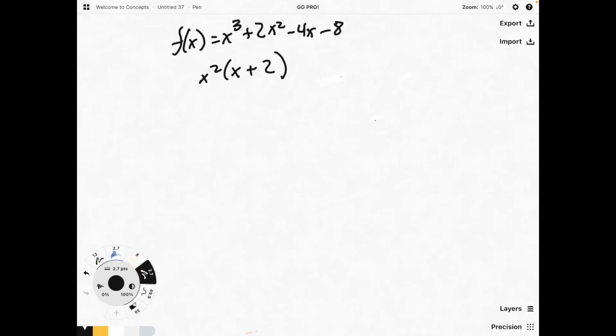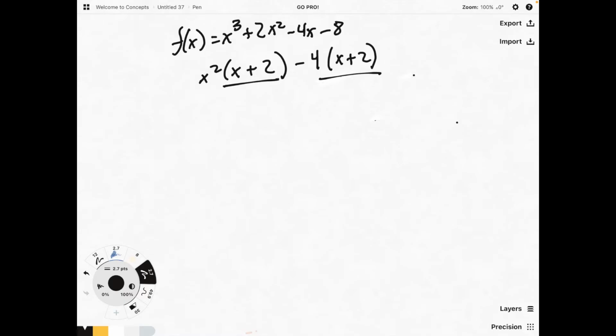And here, if we're factoring by grouping, then what we'll need to do is just factor out a -4. And that will leave us with an x plus 2 as well. And we see that we also have a common factor here. And so we can take that out.